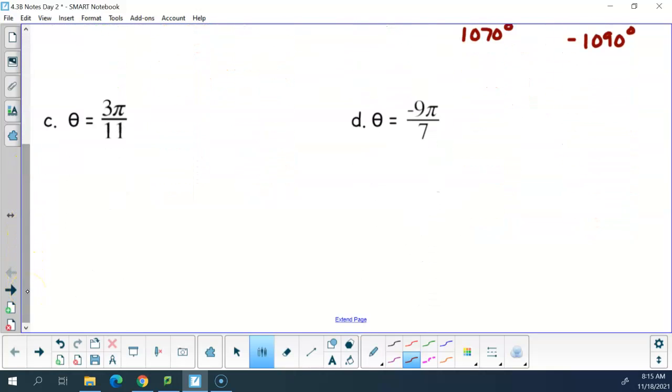3 pi over 11. Where is 3 pi over 11? Quadrant 1. So what's the reference angle here in quadrant 1? It's its own reference angle in quadrant 1.